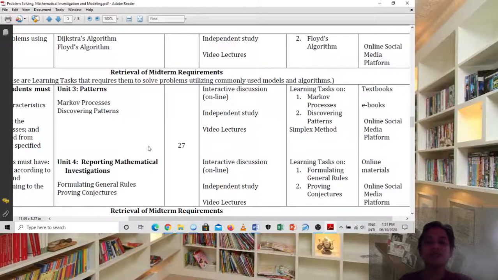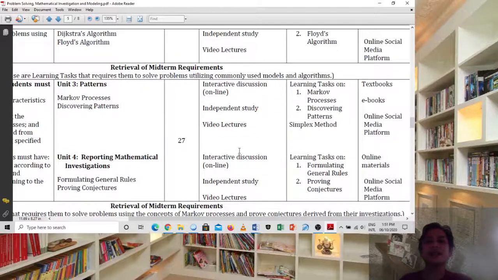For this subject, most of the time we would do independent studies. I would also provide video lectures for you to better understand the calculations and the solutions.